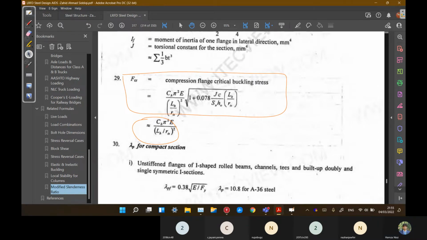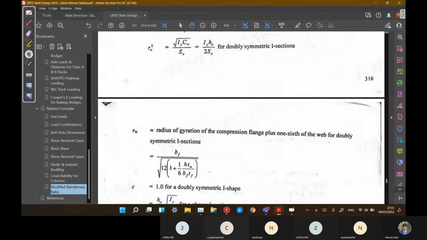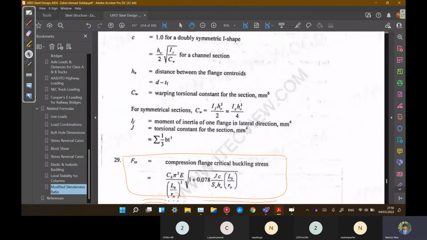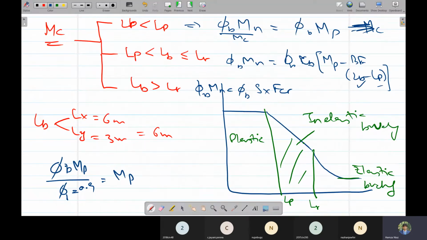In this one, we have to calculate rts also. The rts formula is given here. First, we calculate rts, then put in this value and calculate Fcr, and multiply this Fcr with the section modulus, and phi b Mn will give the moment carrying capacity if LB is greater than LR. So these three cases we have to be vigilant about. This way we can get MC.